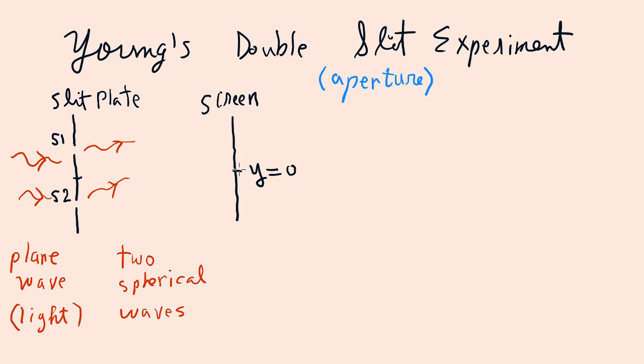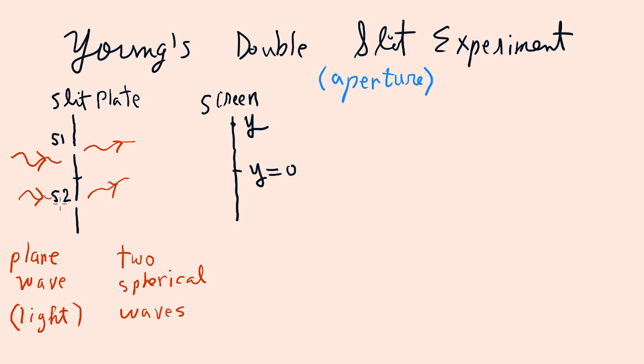And so we have only the vertical axis here, which we call the y-axis. So this is y, and let's say that we measure intensity here at an arbitrary point with a finite y value, or it could be 0 if it's here. So that's the measurement point.